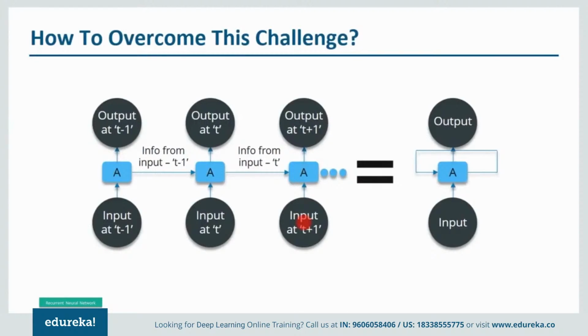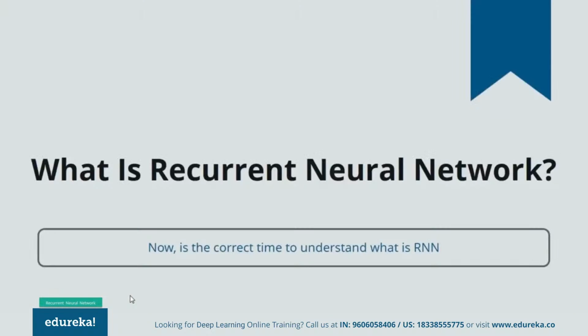One is a new input that we give, another is the information coming from the previous timestamp, that is t, in order to get the output at time t plus 1. Similarly, it can go on. Here I have just written a generalized way to represent it. There's a loop where the information from the previous timestamp is flowing, and this is how we can solve this particular challenge. Now let us understand what exactly are recurrent neural networks.